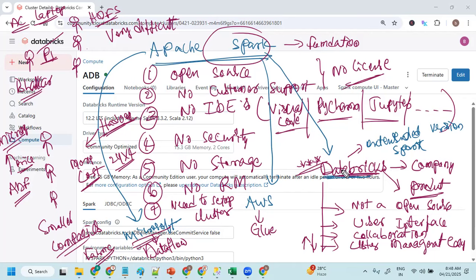But with Databricks, your cluster is isolated from the storage, and because of that the cost is less. Storage cost is very less. But the processing cost, your cluster cost, is very huge. Since they are tightly coupled, your compute should run 24/7. But here it is not like that. The cost is less.